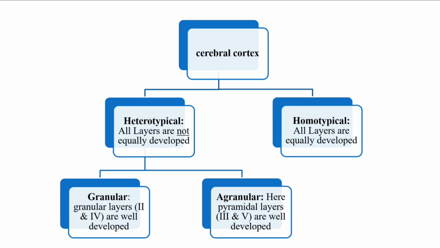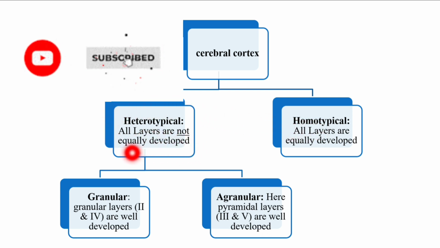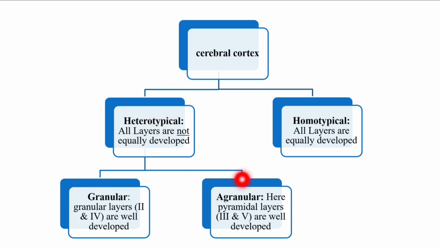Now you know that there are two histologically distinct types of the cerebral cortex, that is heterotypical cortex and homotypical cortex. In the homotypical cortex, all the layers of the cortex are equally developed, but in the heterotypical cortex, all the layers are not equally developed, and we can divide this into two categories, that is granular cortex and agranular cortex.